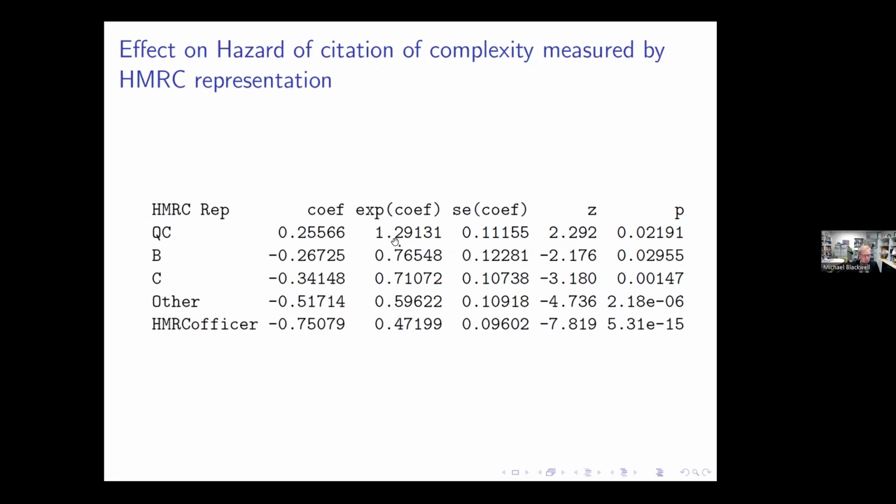So a Queen's Counsel, as opposed to an A panel member, multiplies the hazard by 1.29, i.e. it increases it by about 29%. Whereas the B, as opposed to the A, reduces the hazard: the B multiplies the hazard by 0.76, i.e. it reduces it by 24% effectively.